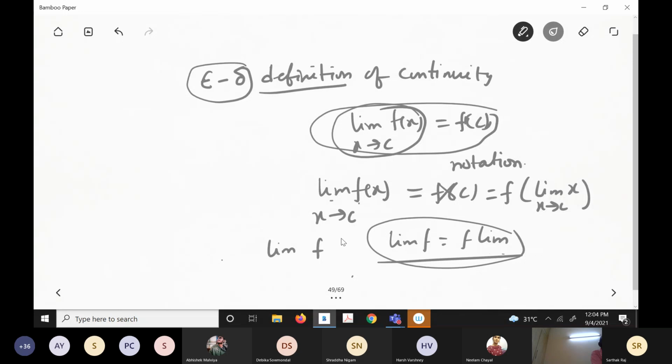If you do it indiscriminately without thinking, then you may reach a contradiction, like 1 equal to 0. So you'll have to be careful. Continuity's biggest contribution is this.